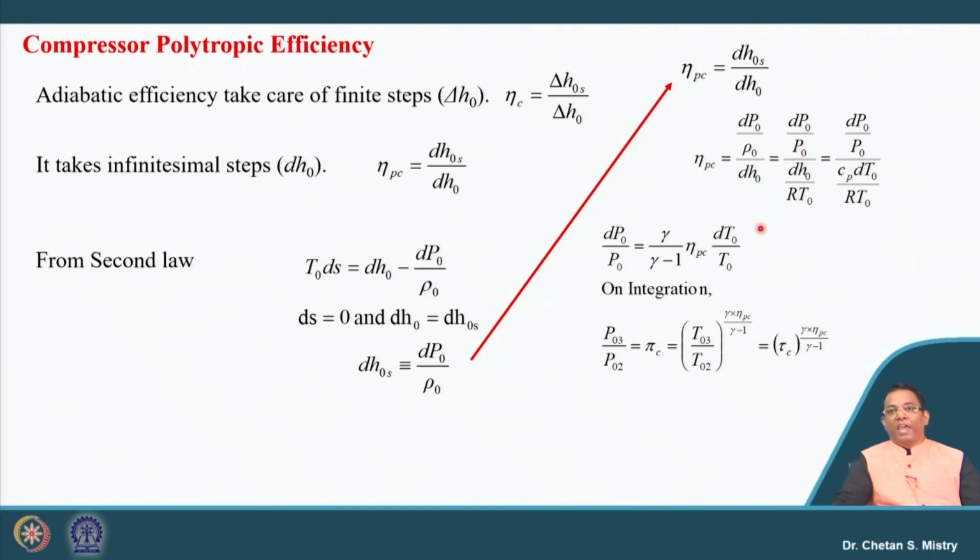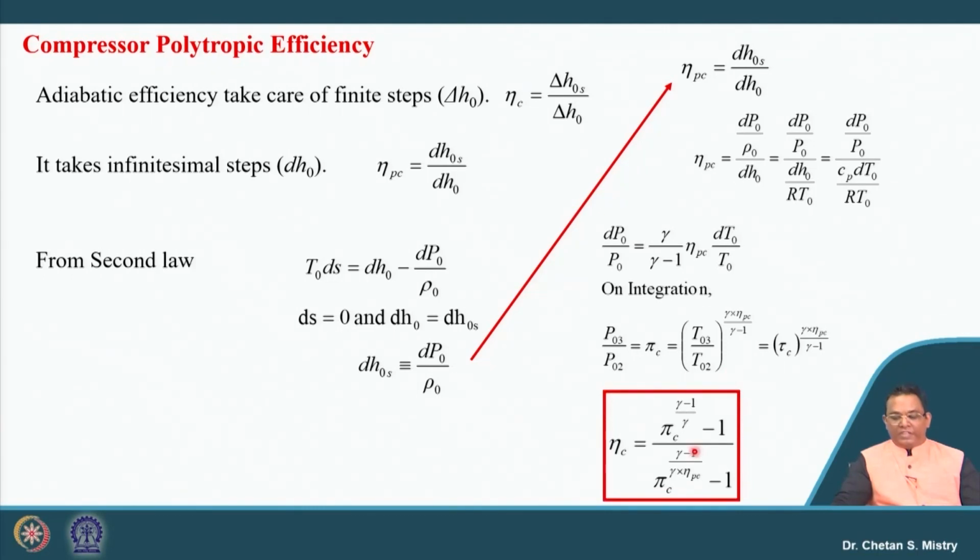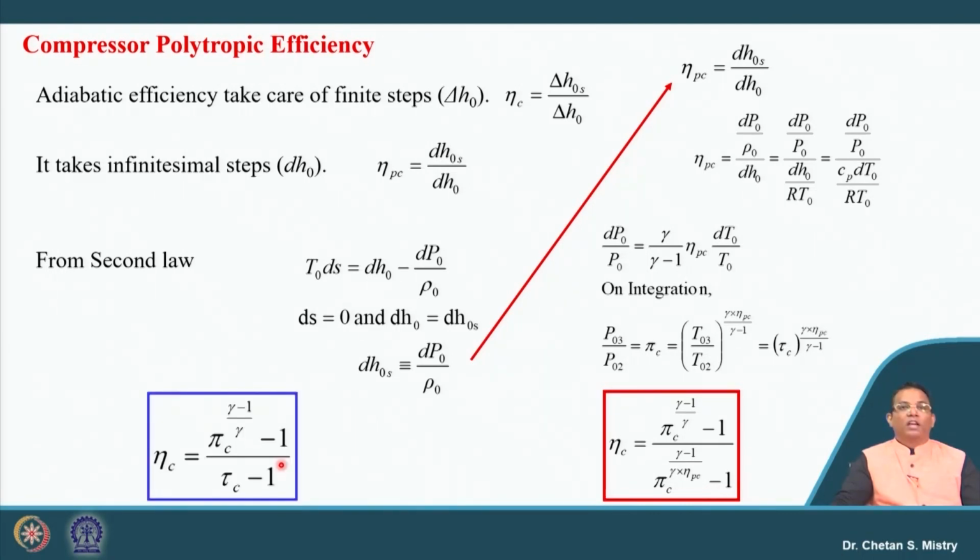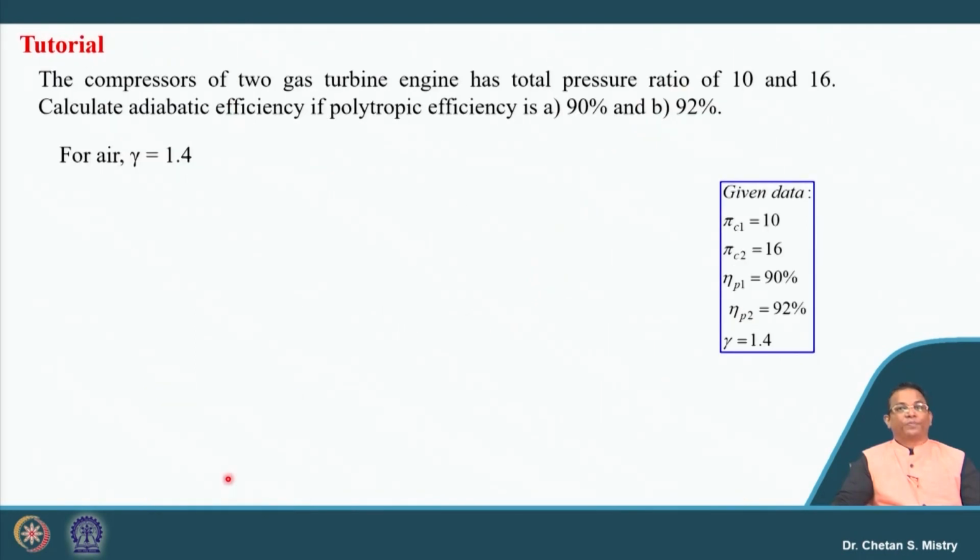And if I simplify and integrate the term, we will get the equation. It says my compressor efficiency is a function of my pressure ratio and a function of my polytropic efficiency. Now, what we derived earlier is that the efficiency of the overall stage, my isentropic efficiency, is a function of my pressure ratio and my temperature ratio. So, this is very important information that we need to go with.